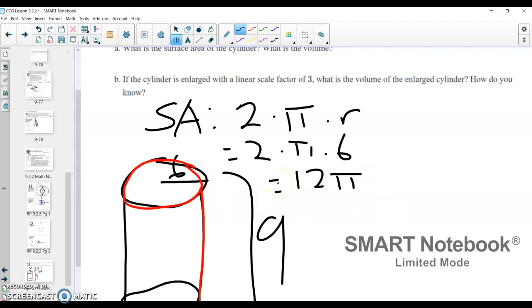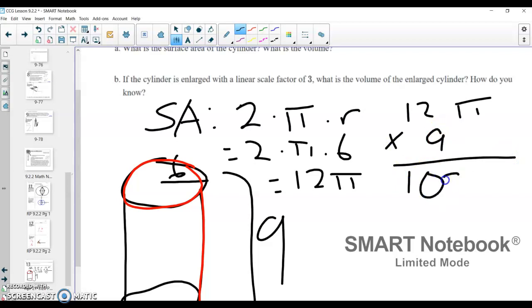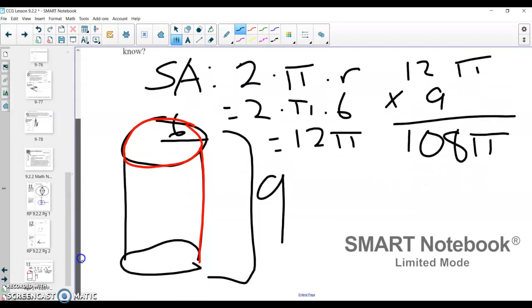I need to multiply that by the height. And so I take my 12 pi, I multiply that by 9, which is my height, and I'm left with 108 pi. Or if I wanted to write this as a decimal, I would just plug it into a calculator, and 108 pi is the same thing as 339.29.